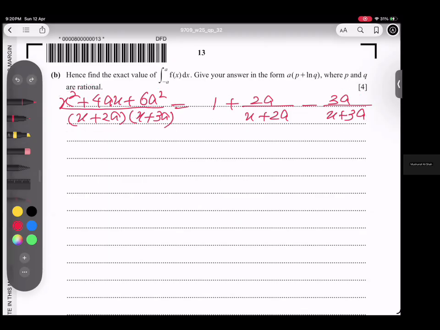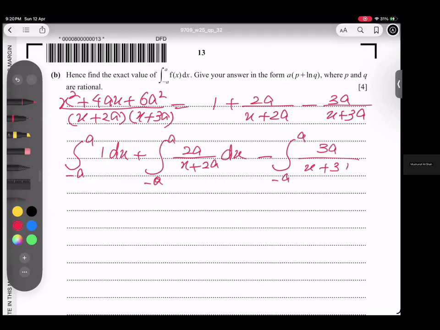So have a look. It means integral from negative a to positive a of 1 dx, I'm doing that alone, then 2a over x plus 2a dx, from minus a to positive a. And what about this one? Negative a to positive a, 3a over x plus 3a.